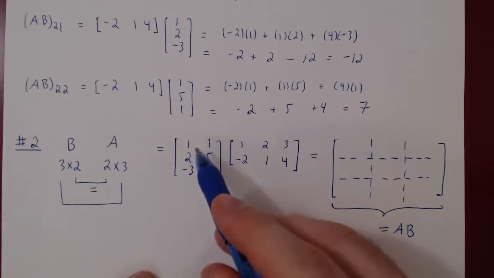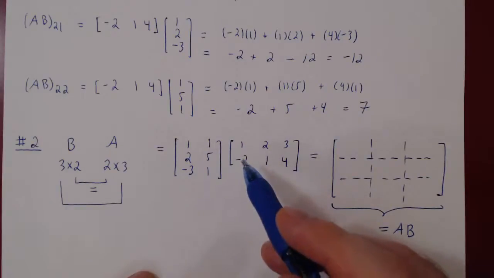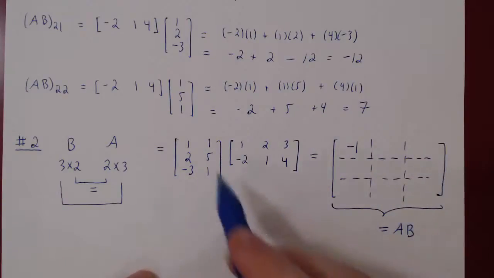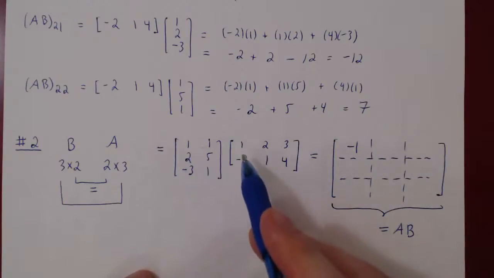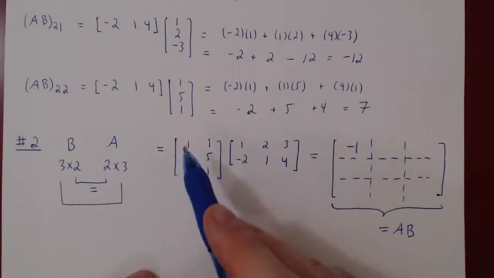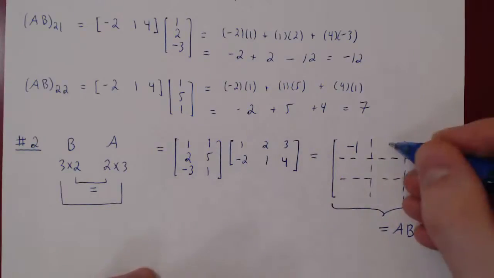So we fix the first row and we go through the first column. So you have 1 times 1, 1, plus 1 times negative 2, negative 2. So 1 minus 2 is negative 1. So we have the first entry of our first row. Let's keep going. We again fix the first row times the second column. 1 times 2, 2, plus 1 times 1, 1. 2 plus 1 is 3.